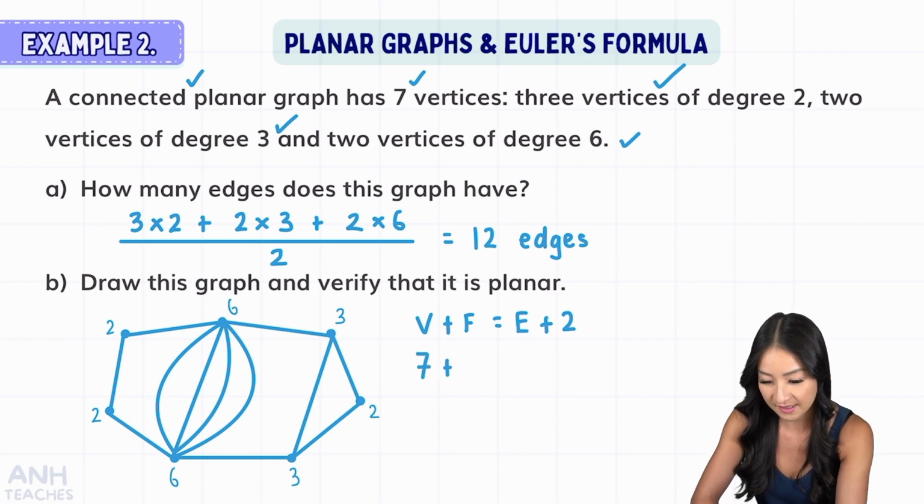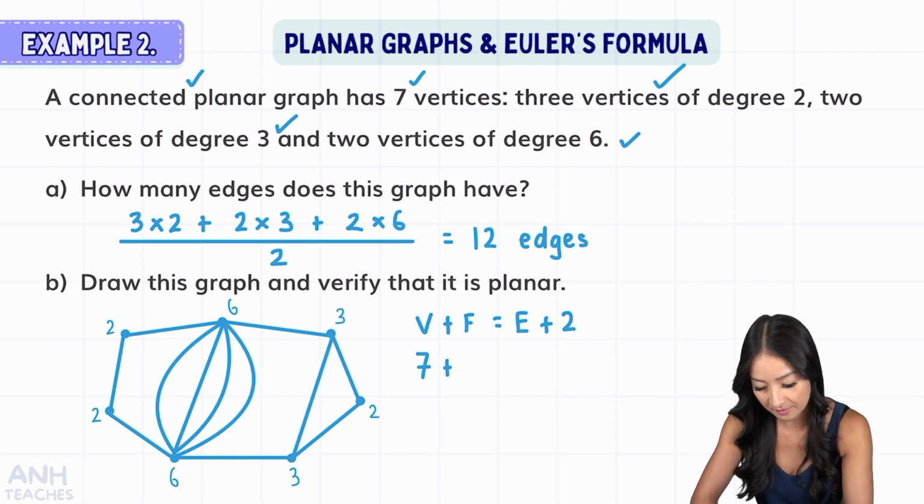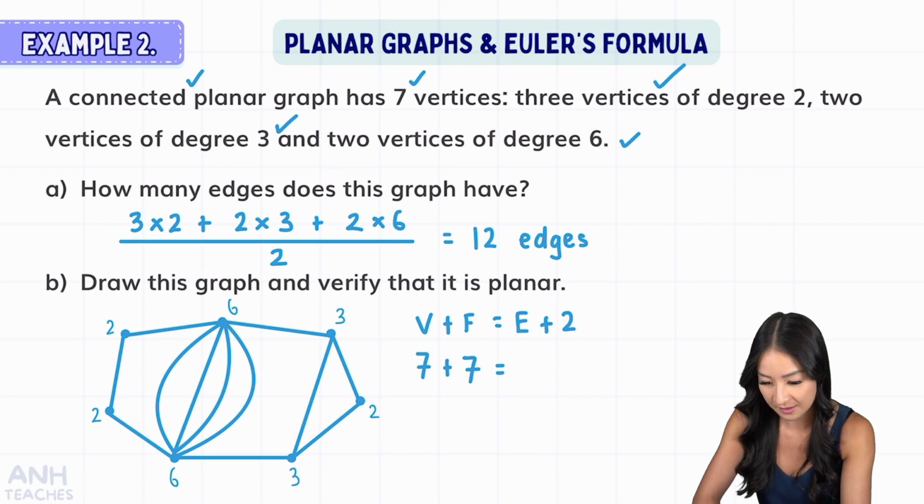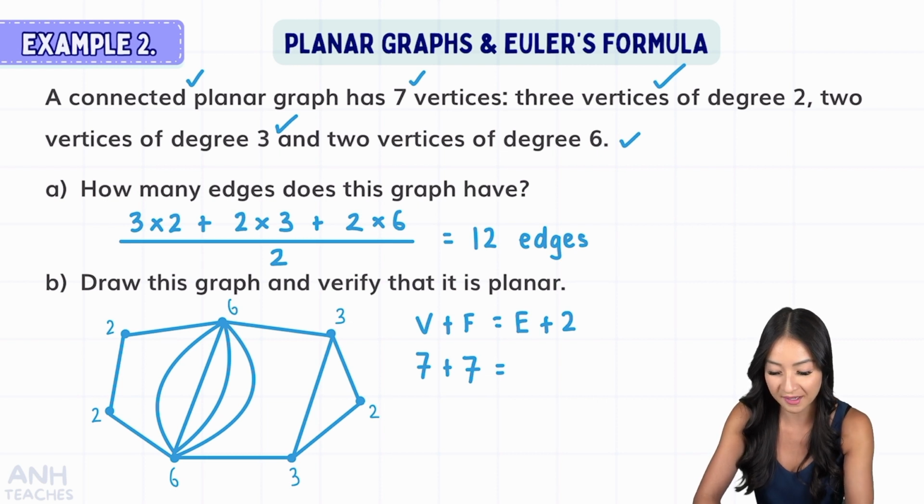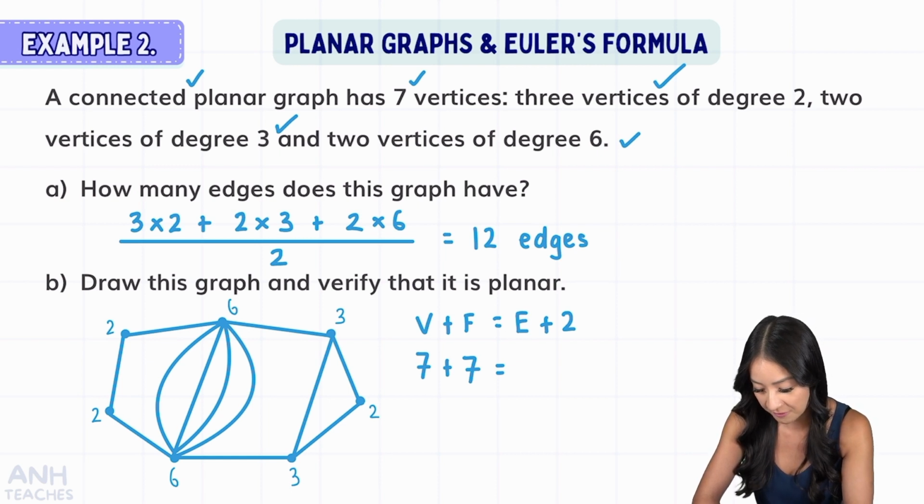Number of faces is 1, 2, 3, 4, 5, 6, 7. That's going to be equal to the number of edges, which I will count even though we calculated it from above. 1, 2, 3, 4, 5, 6, 7, 8, 9, 10, 11, 12.